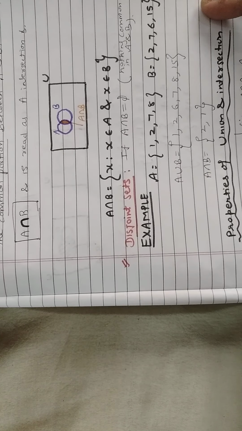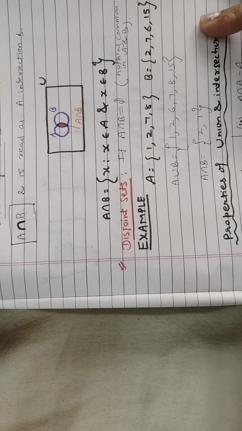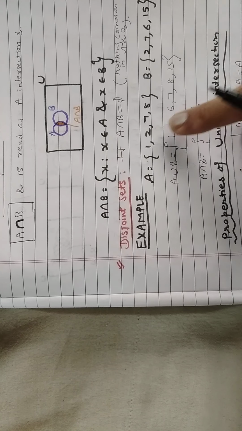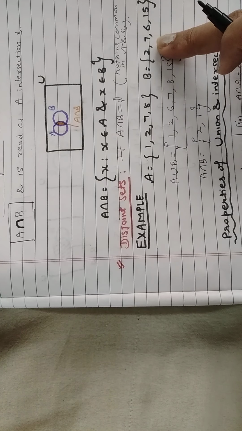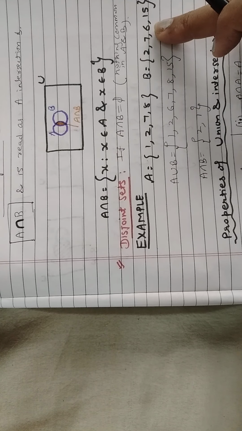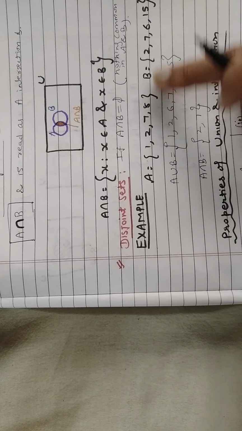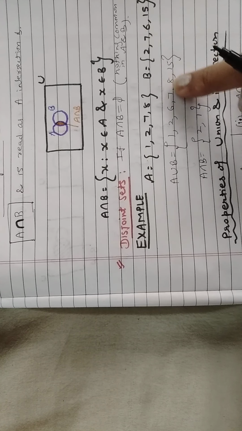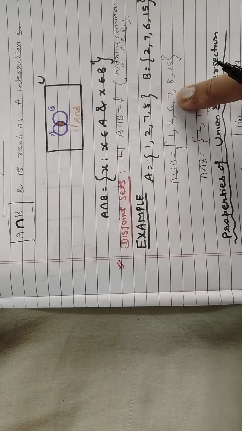Now I am taking an example of union and intersection for your better understanding. Suppose this is set A, this is set B, then A union B means you will combine the elements of A and B. So 1, 2, 6, 7, 8, 15. One element will be written only one time. It will not be repeated, I have told you earlier also.